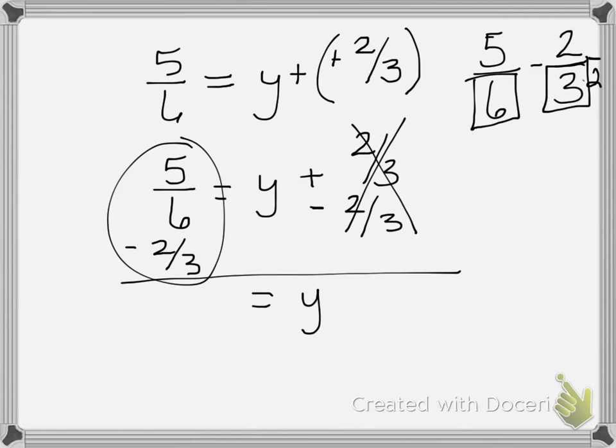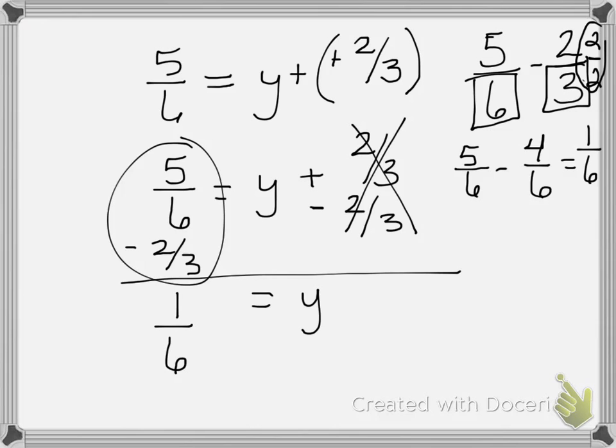Whatever we do to the bottom, we have to do to the top in order for it to remain equal. Because if you think about it, 2/2 is just the same as multiplying it by 1. Anything multiplied by 1 is just itself. So I have 5/6 minus 4/6. Now I can easily subtract that. We know that's 1/6. So my answer, y is equal to 1/6.